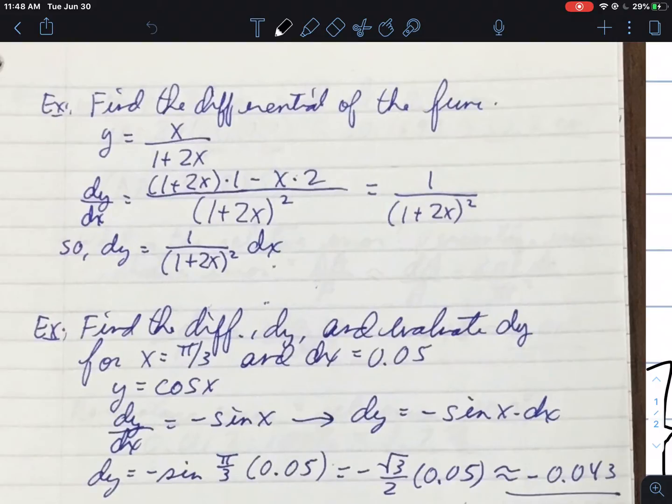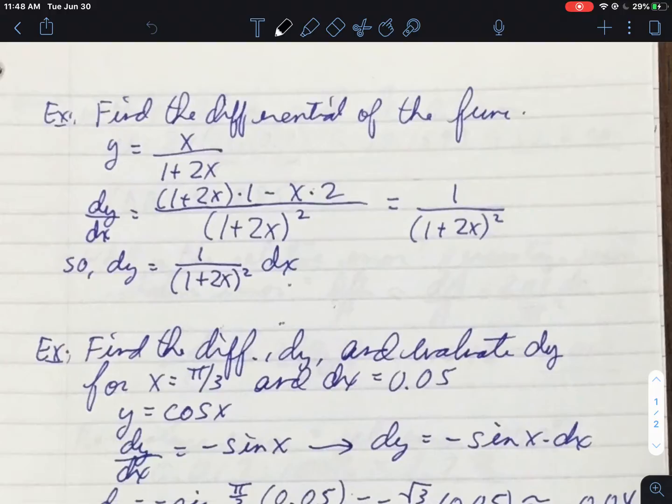All right, this next example, again, this is a generic little example of how we can work with differentials. Now, typically, if you're asked to find the differential, it's implied that you are finding dy, unless otherwise stated. Sometimes they'll say find the differential dy, sometimes they'll say just find the differential. But it's understood that you're finding dy, unless otherwise stated.